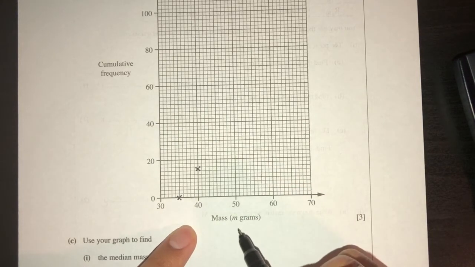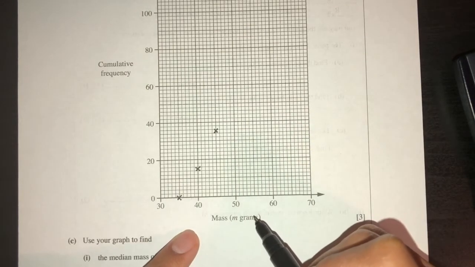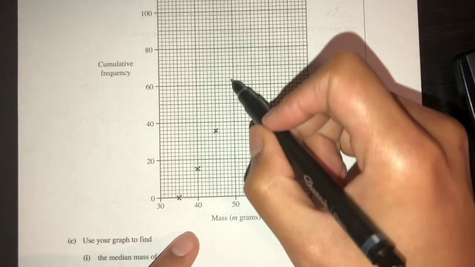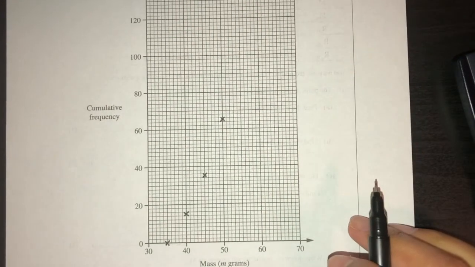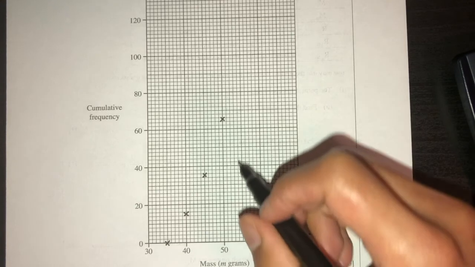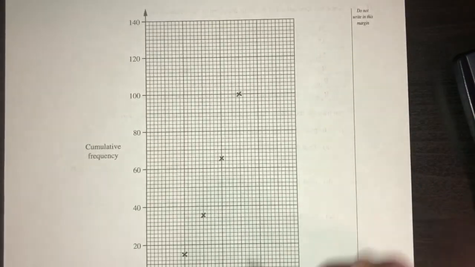Then we have 45, 35. Then 50, 65. Then 55, 100. Then 60, 128.